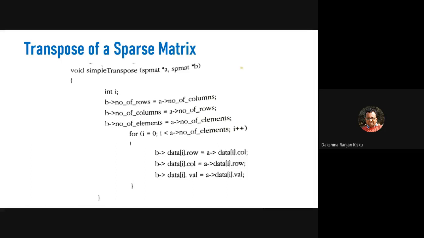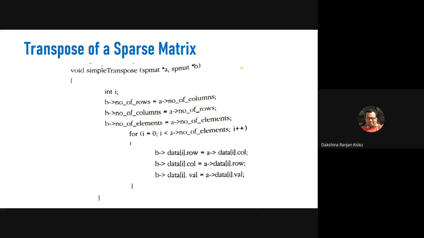We can write B number of rows equals A number of columns. That means the number of columns in A will be assigned to the number of rows in B. Then B number of columns equals A number of rows. So rows become columns and columns become rows.